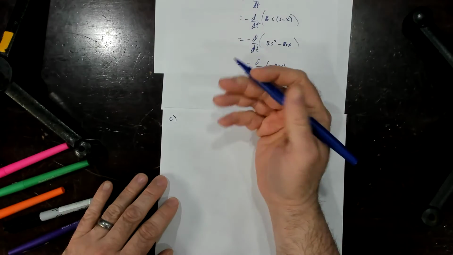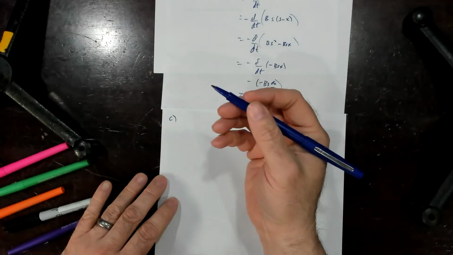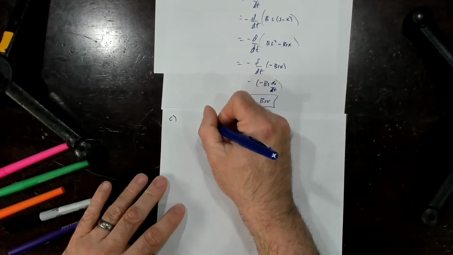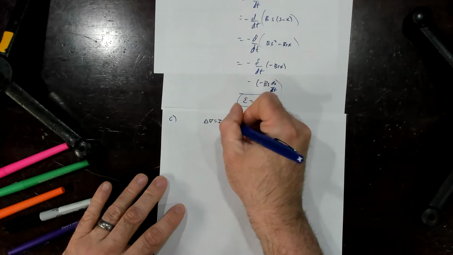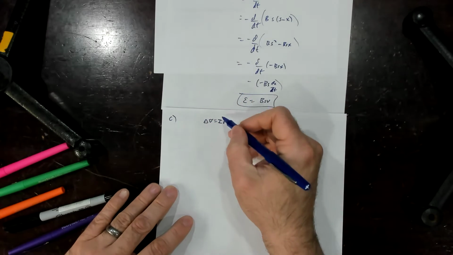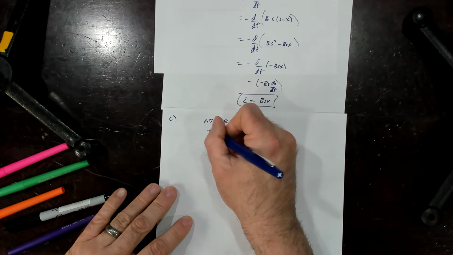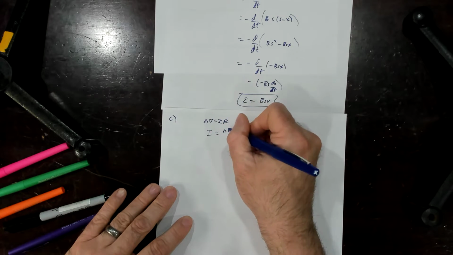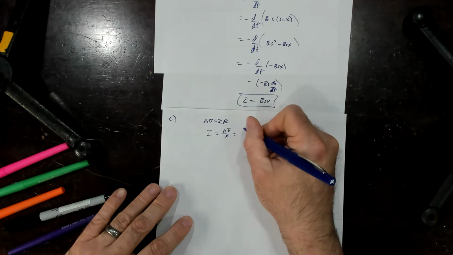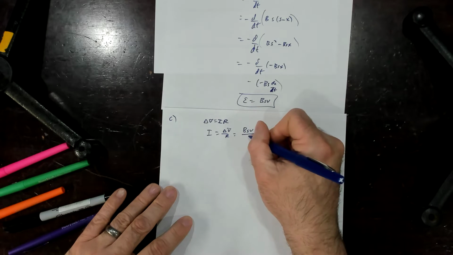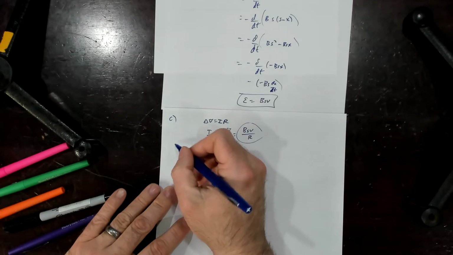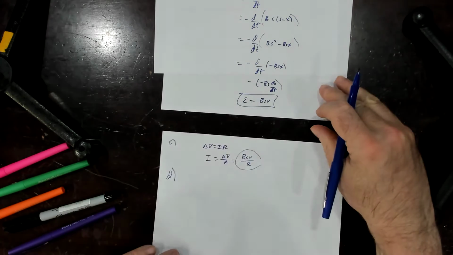And they told you it was a loop of resistance R, so I just say delta V is IR. I know the resistance, I know the voltage is this EMF, so that current is going to be delta V over R, and so that's that induced EMF divided by the resistance. That's it.